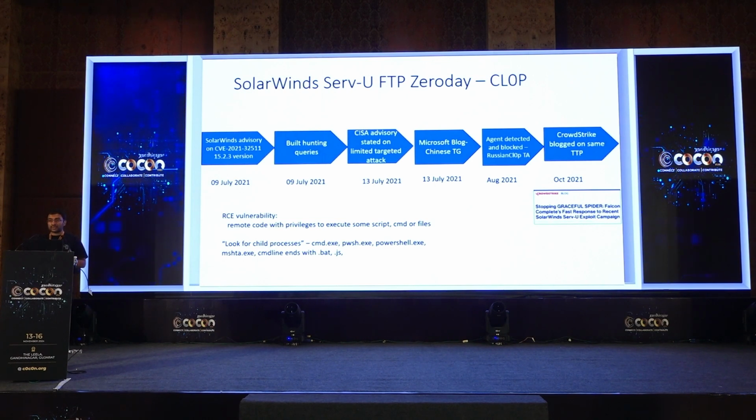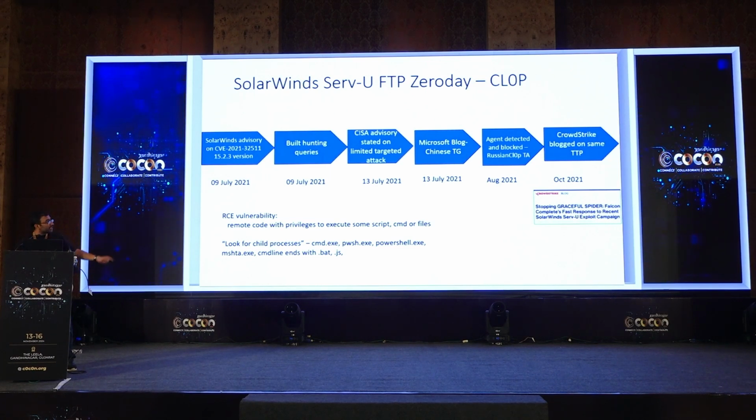Since it was an RCE, it was kind of easy for us to build back then because it was an EDR engine and I'm looking for an RCE exploit. Meaning, all I had to do was look for any child process that gets spawned from the SolarWinds FTP application. Like, look for a child process, could be CMD, PowerShell, and so on.